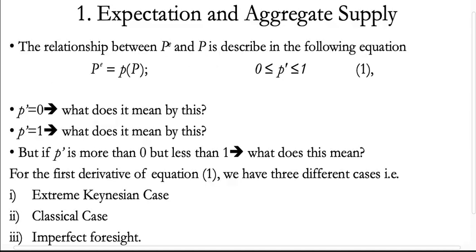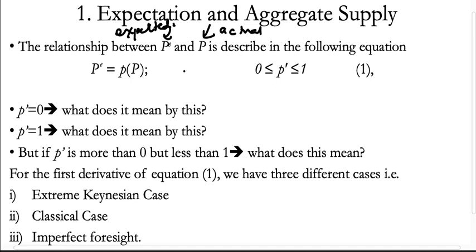So this is what I'm talking about just now. We look at the relationship between actual price, P, and expected price, PE. The relationship is that expected price depends on actual price, and the value of dependency is between 0 and 1.